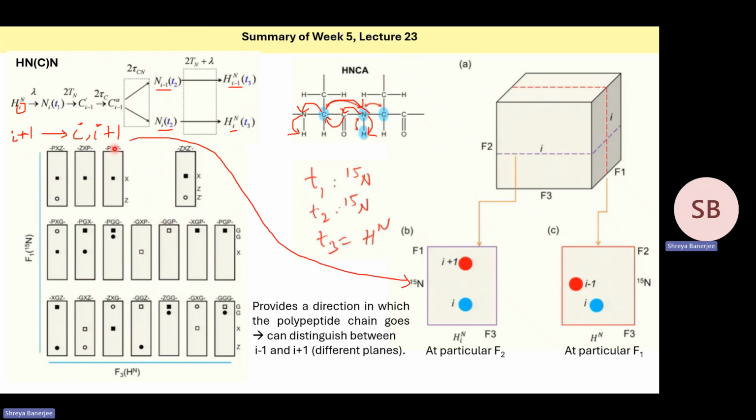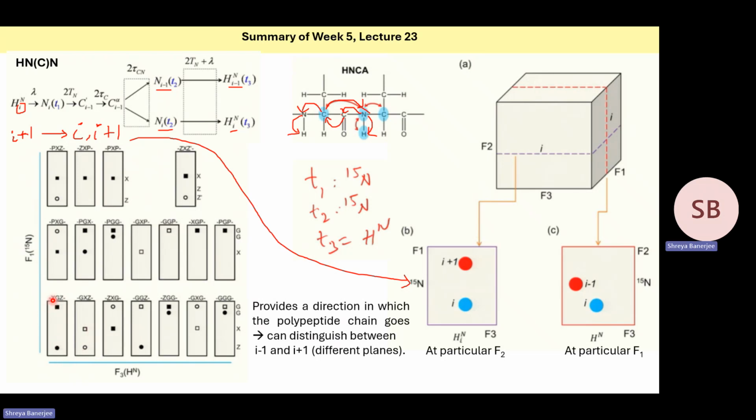If you have two prolines, two peaks will be absent because proline does not have an amide hydrogen. And if you have glycine, the peak sign combinations are very different. Like in a normal non-gly system, the two peaks are of different signs. But if you have glycine, the two peaks are of the same sign.